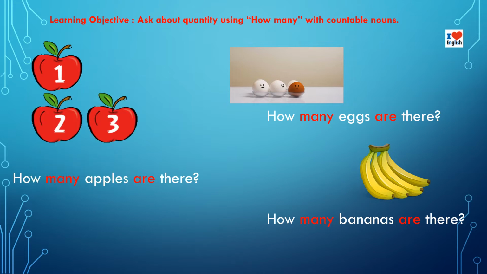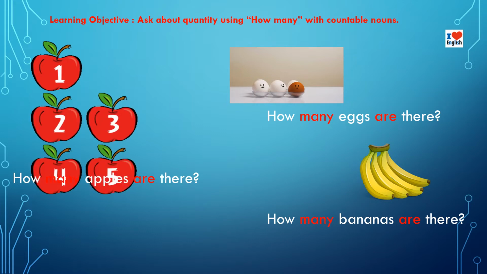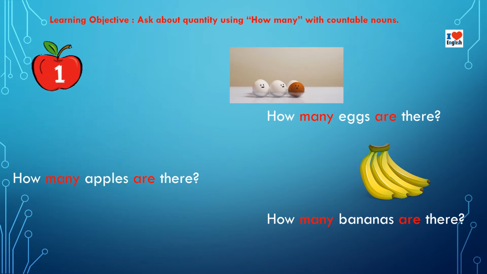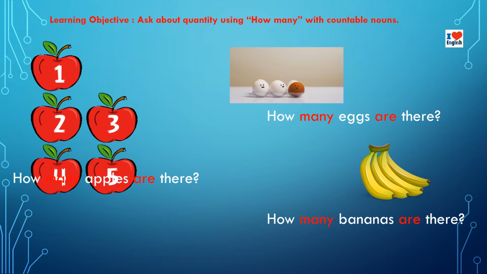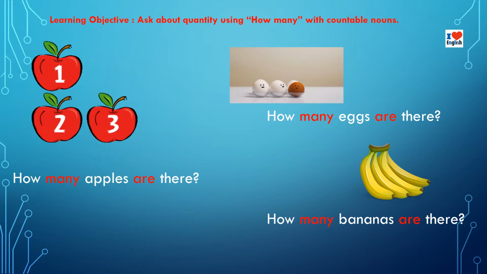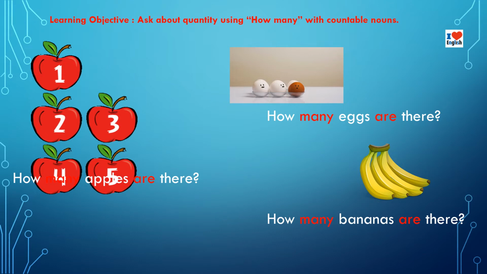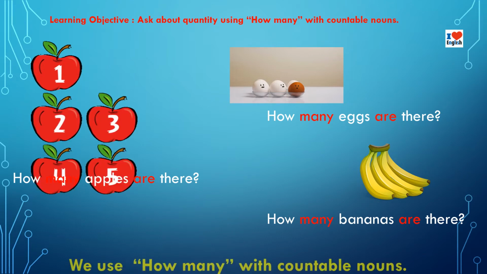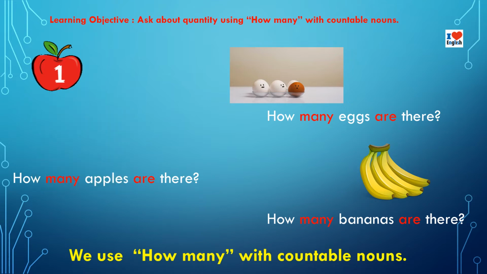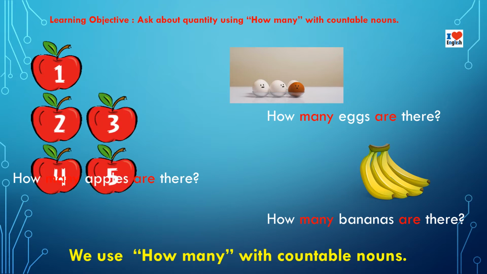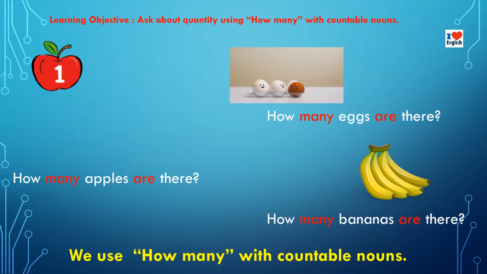If you want to ask a question about quantity using countable nouns, we use the expression how many, and the noun must go in the plural form: apples, eggs, bananas. And also the verb to be, are, is in the plural form. So the rule is we use how many with countable nouns.